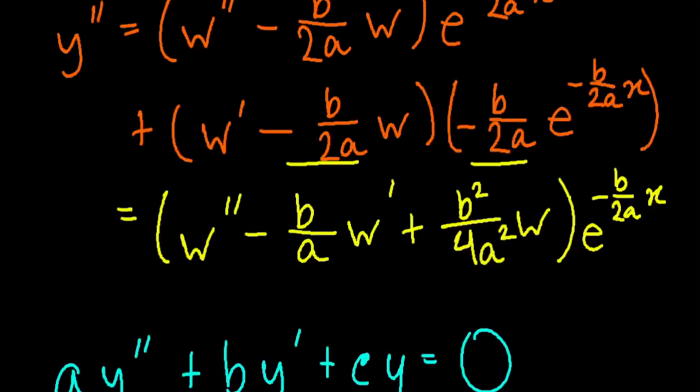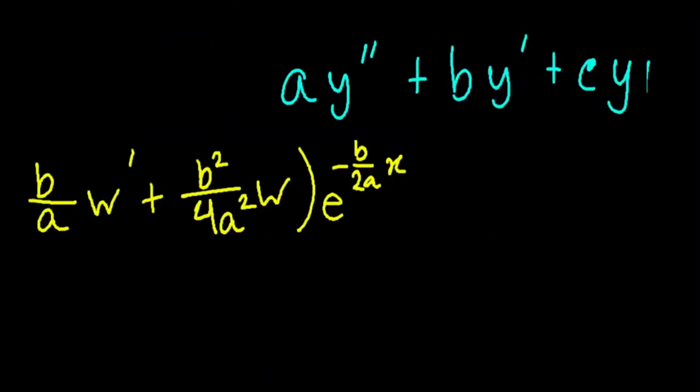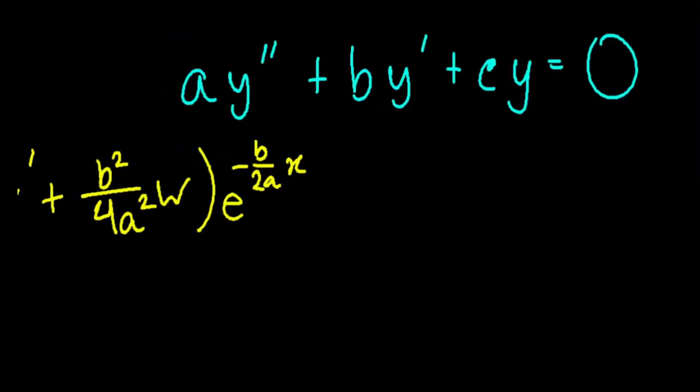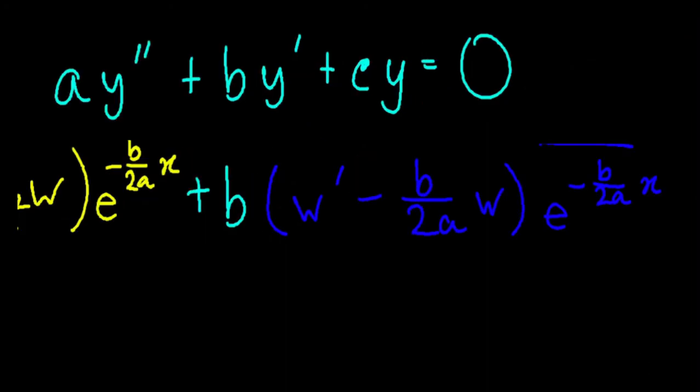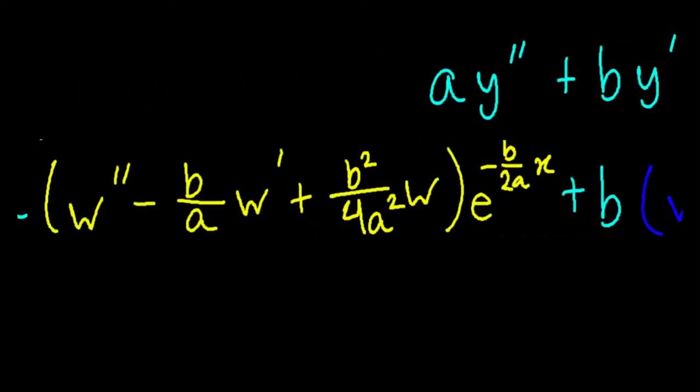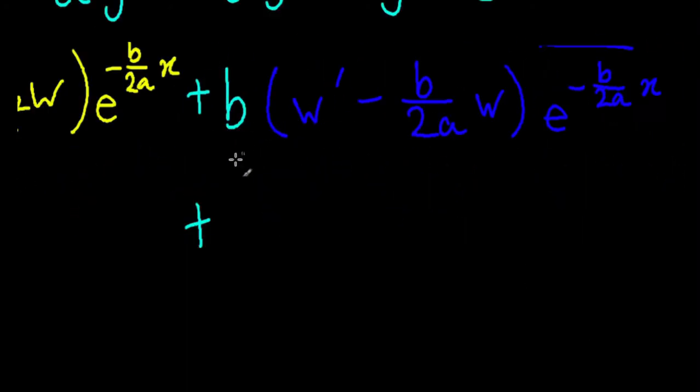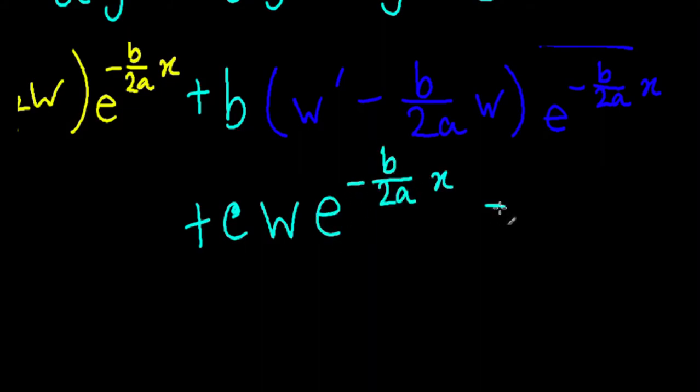Actually, let me just copy that. And this is the expression for the second derivative. For the first derivative, again, I'll do the same maneuver. So also we have the expression. Finally, we'll have the expression for y itself. It's going to be c multiplied by y, which is basically w, as we defined it, w multiplied by e to the power negative b by 2ax. All of this is going to be equal to 0.